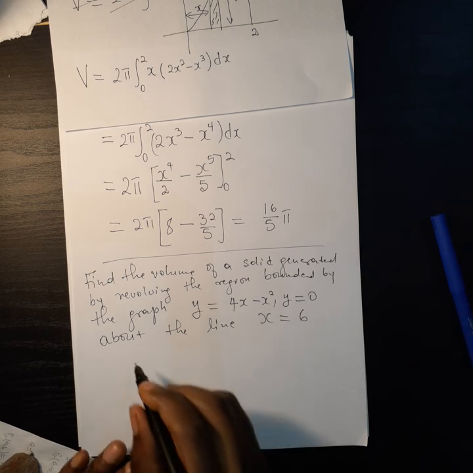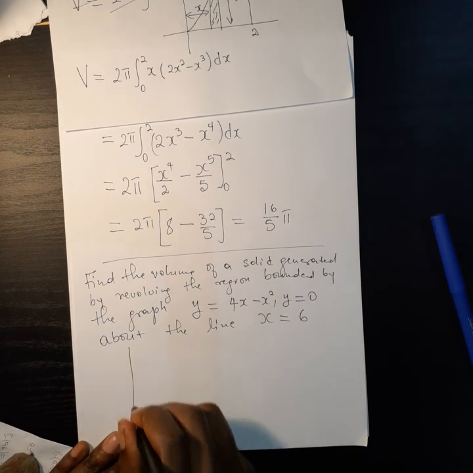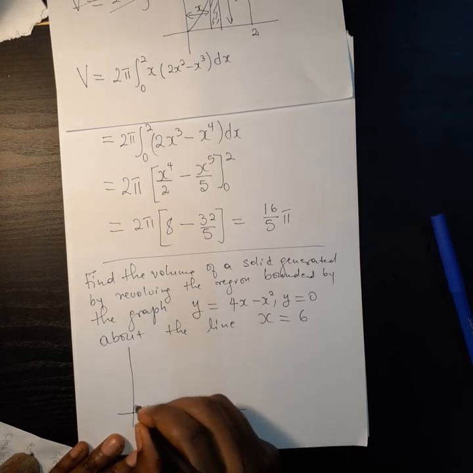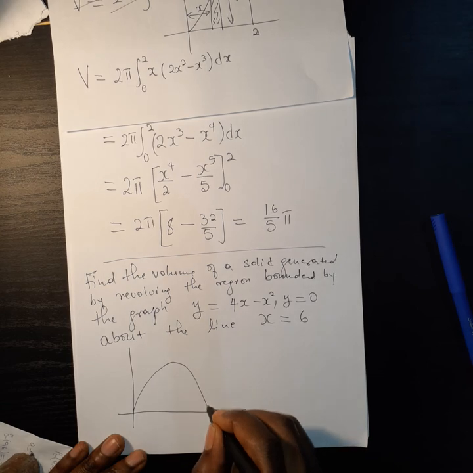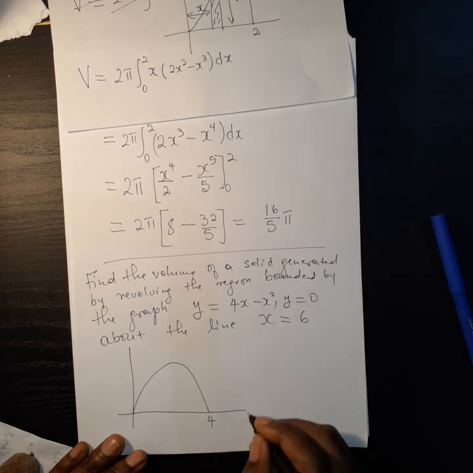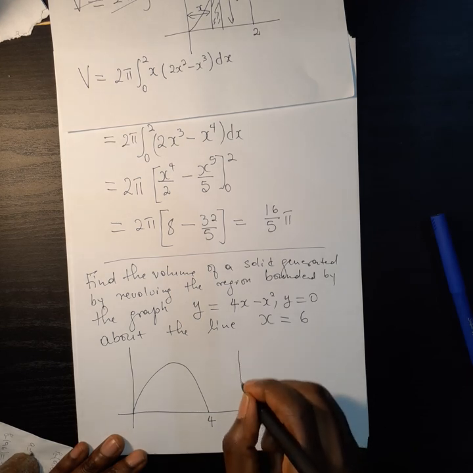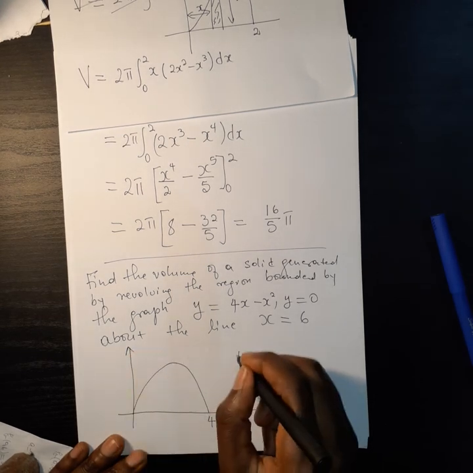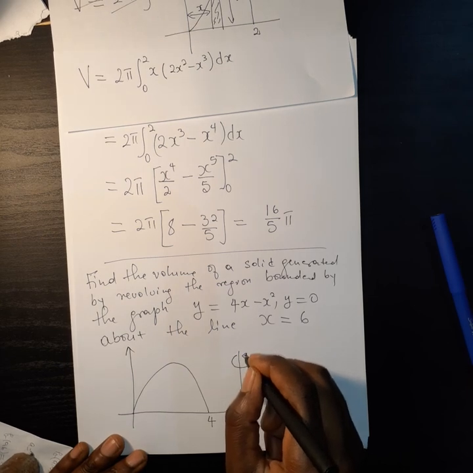So if you draw the graph, we have just a parabola like that. This will be a 4. Then our line 6 is here. We are rotating it there.